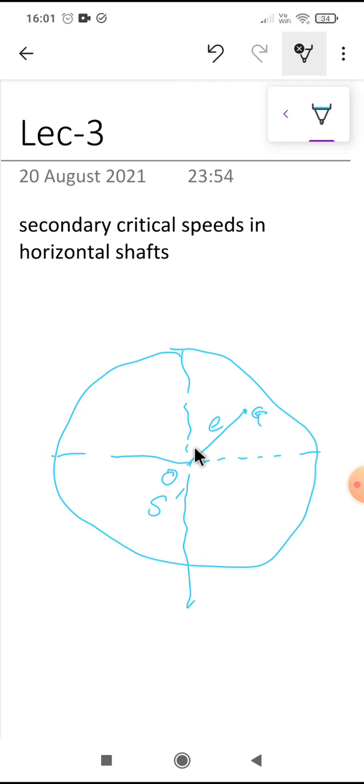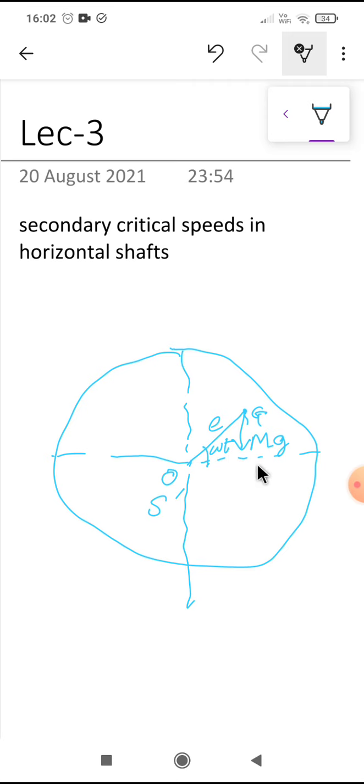When G lies in the first and the fourth quadrant, the gravitational force retards the motion, whereas when G lies in the second and third quadrant, the gravitational force accelerates the motion, and the magnitude of the torque is mge cos omega t. So here the force will be m into g, and this is angle omega t. So the torque will be mge cos omega t.